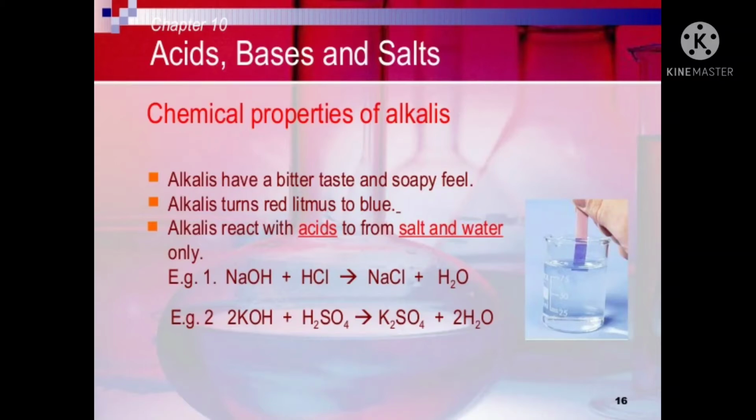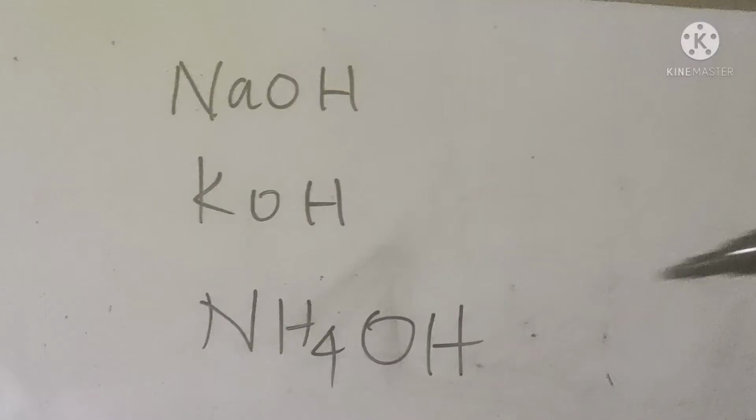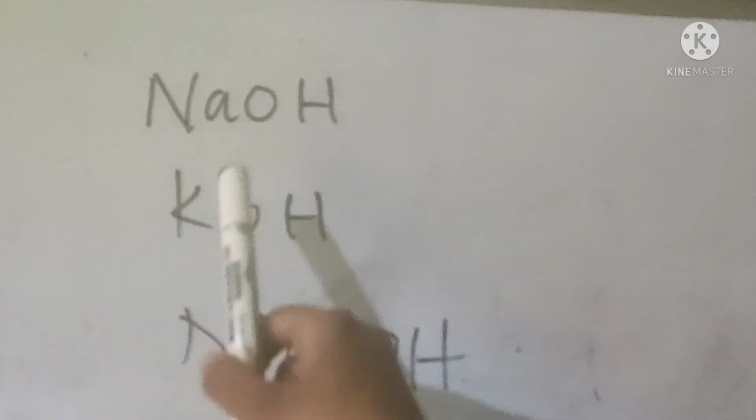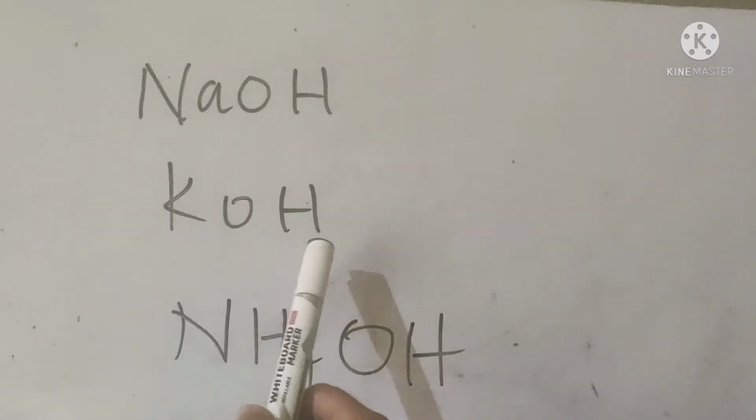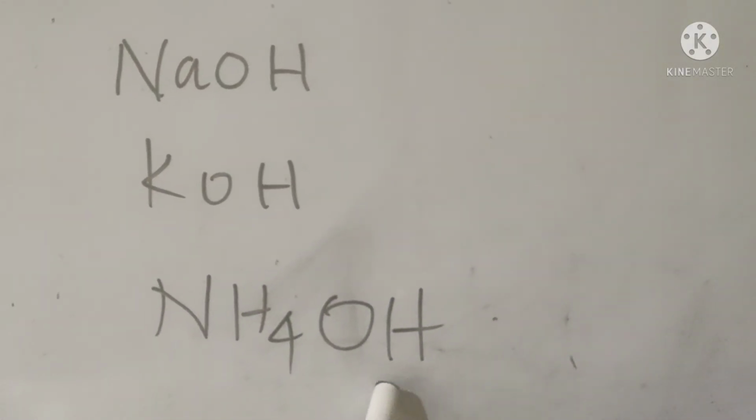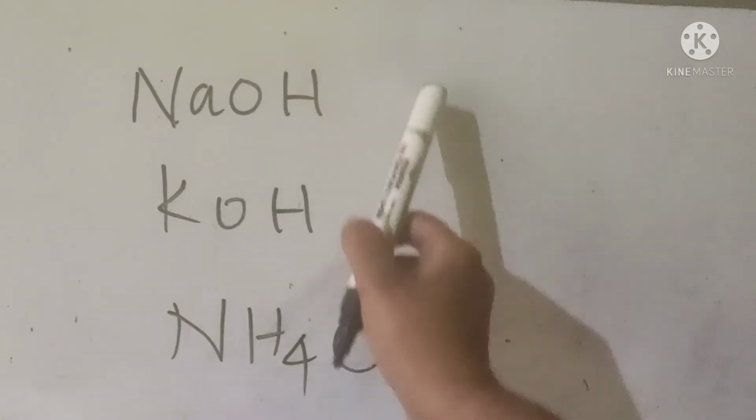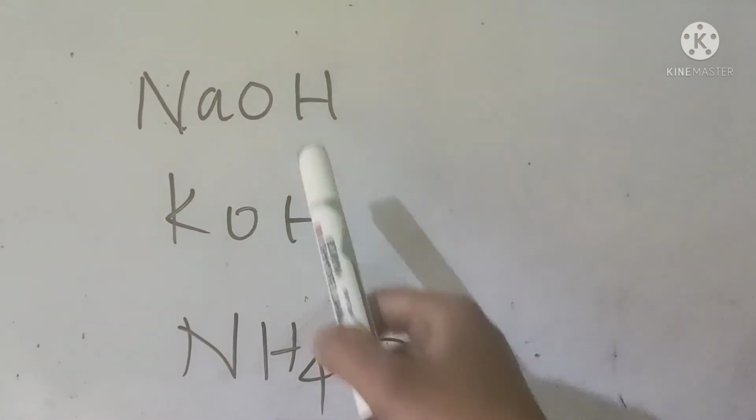Examples for bases are potassium hydroxide, sodium hydroxide, calcium hydroxide, magnesium hydroxide, ammonium hydroxide, etc. NaOH, that is sodium hydroxide, KOH, potassium hydroxide, NH4OH, ammonium hydroxide. All these contain the OH group.